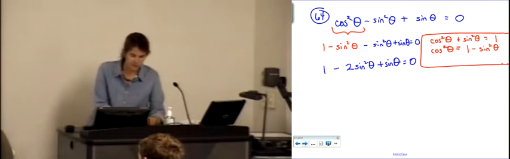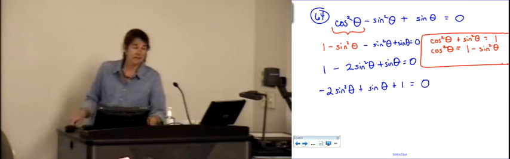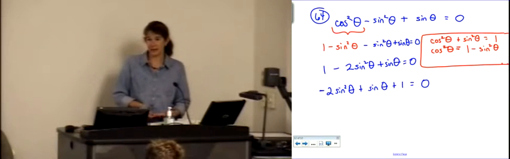So what do you want to do here? Rearrange a little bit? How would I rearrange? Negative 2 sine squared theta plus sine theta plus 1 equals 0. That makes it where I can look at it and factor it better, okay?